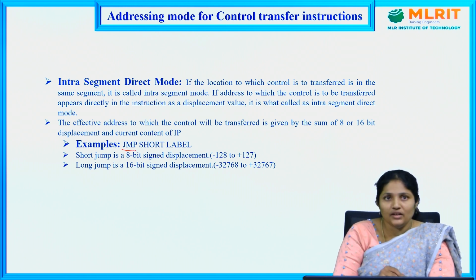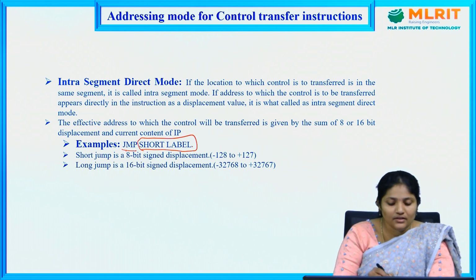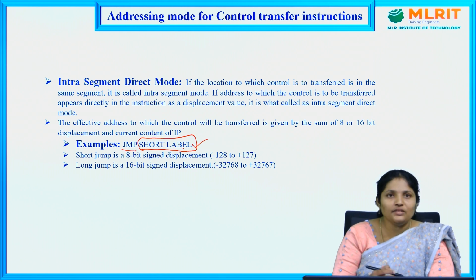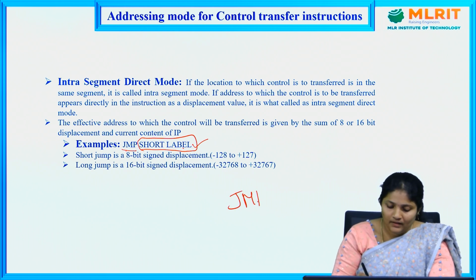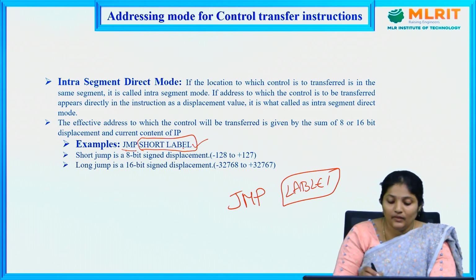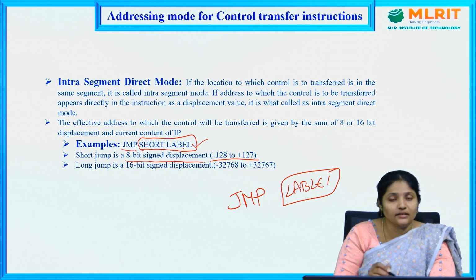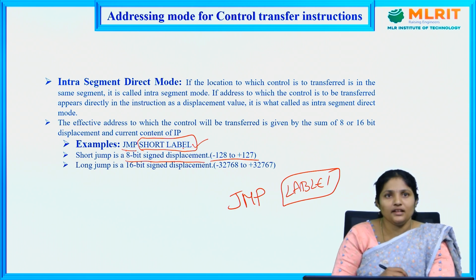JMP means the jump instruction. Here I give a short label. We have 2 types of labels, short label and long label, which is nothing but short jump or long jump. How can you say which is the short jump and which is the long jump? If we write jump label 1, and this label 1 in the program is within the range of minus 128 to 127, that is, an 8-bit signed displacement, then it is the short jump.